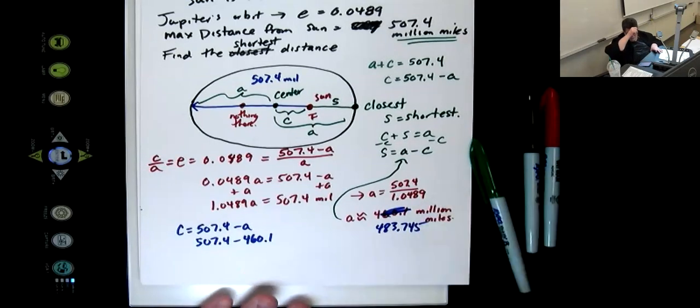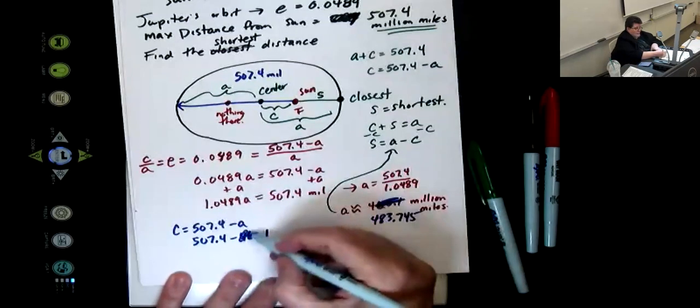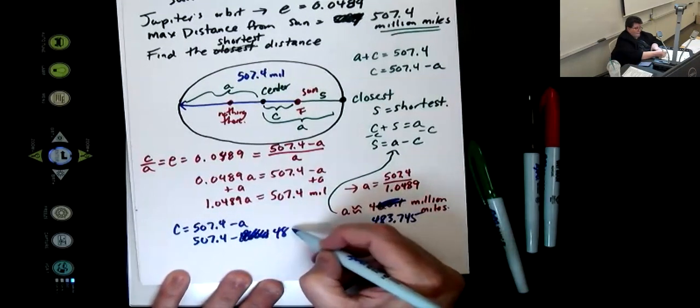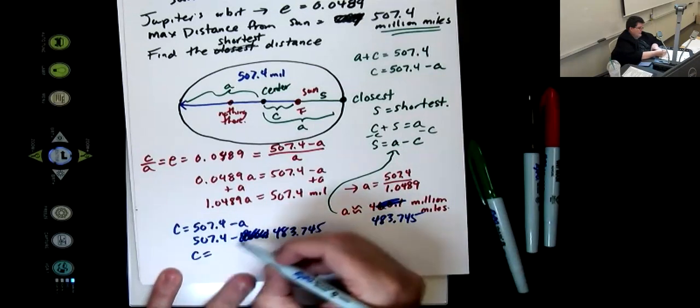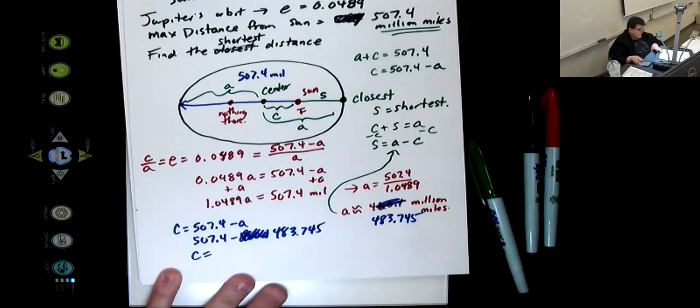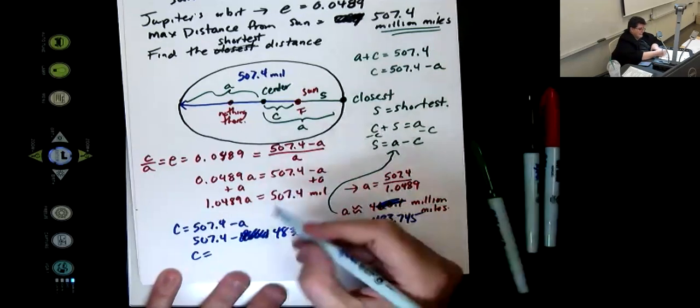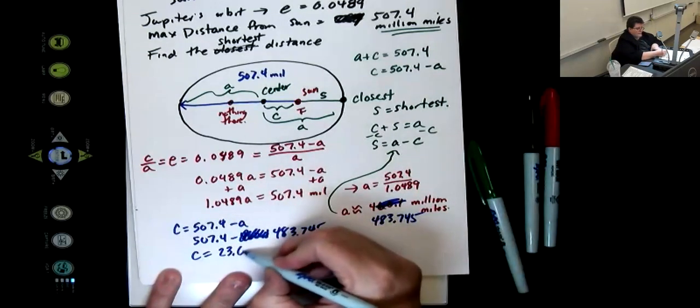We throw in some more decimal places, 483.745. So 507.4 minus that, we end up getting C is 23.655.